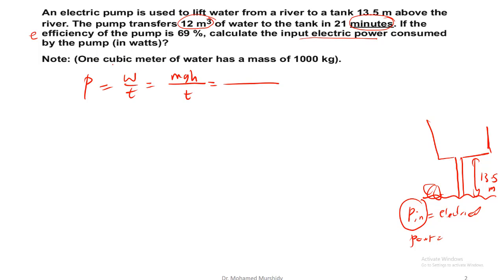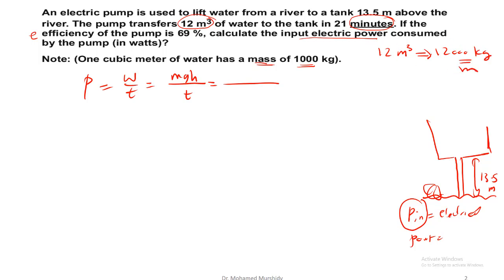It says 1 cubic meter of water has a mass of 1000 kilograms. So 12 cubic meters is 12,000 kilograms. That should be the mass in this case.